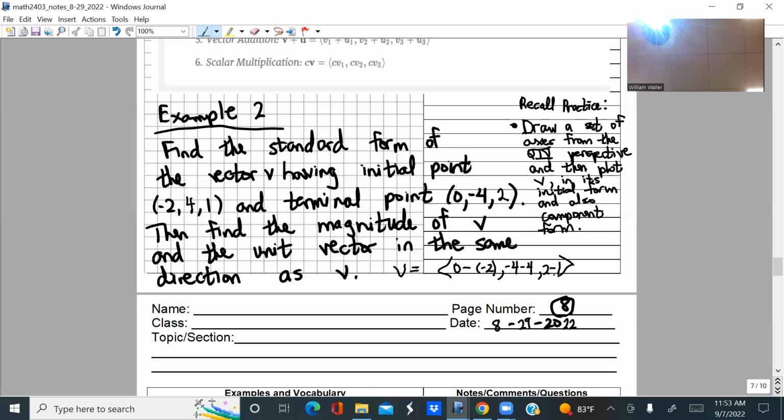Ooh, that y component's really big, so I hope I put enough. You may have to add some tick marks there to your axes. So what is this? 2 minus 8 and 1. Is that right? Did I do that arithmetic right? 0 minus negative 2, negative 4 minus 4, and then 2 minus 1.